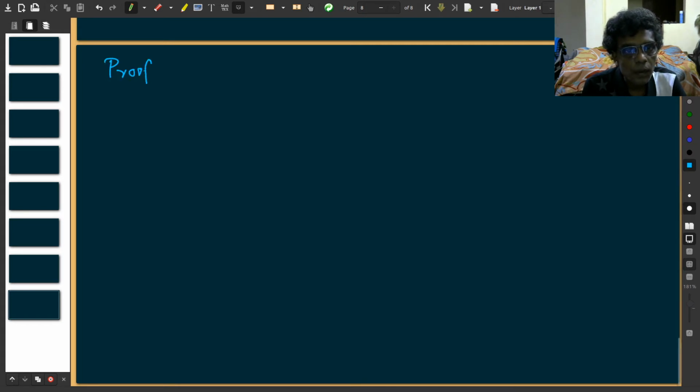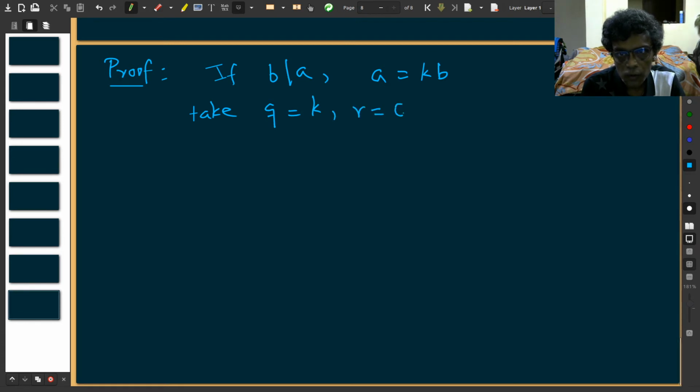Proof. First I will prove the existence of Q and R, and then I will prove their uniqueness. So if B divides A, that is A is KB for some integer K, then I can take Q equal to K, R equal to 0.